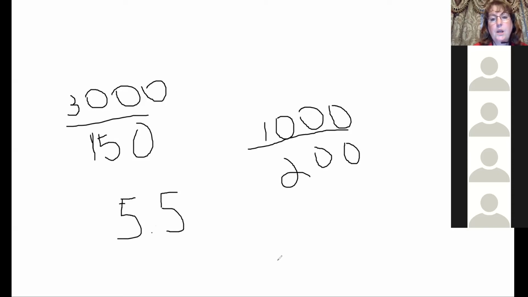No. Good guess though. So yes, it would still go in 5 hours, but then you have to figure out what to do with this. And this is all you do. It's super easy. So you take 0.5 and multiply it by 60. What do you get if you do that? 30. Yeah, it's 30. So that would mean that this would go in 5 hours, 30 minutes.